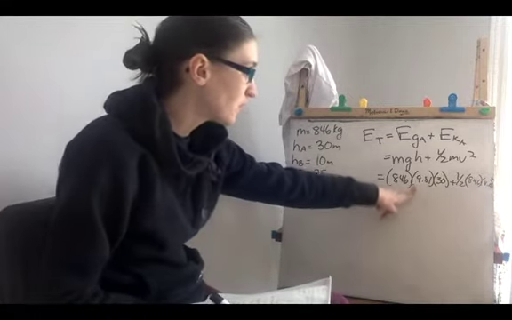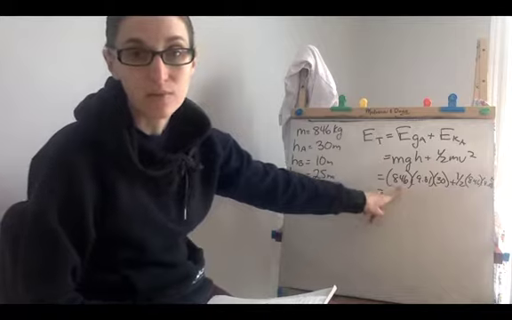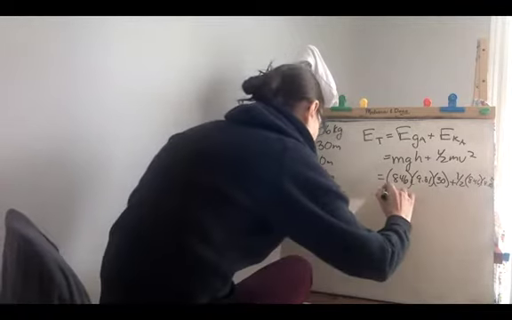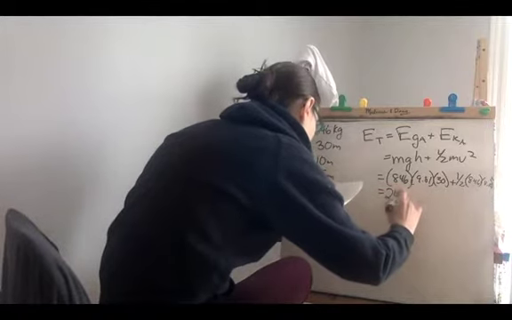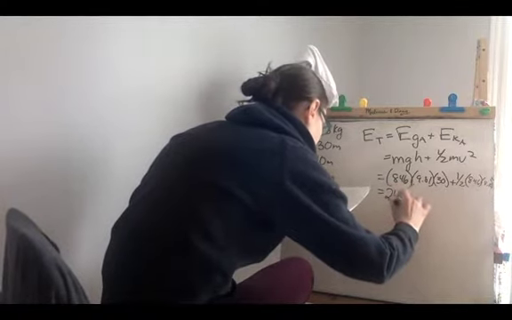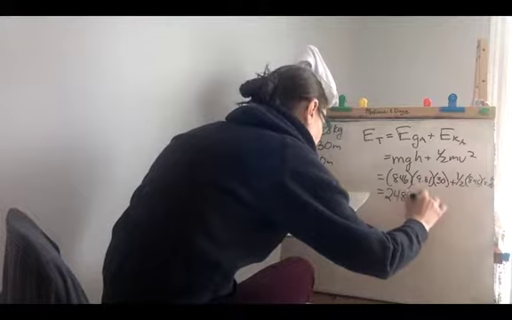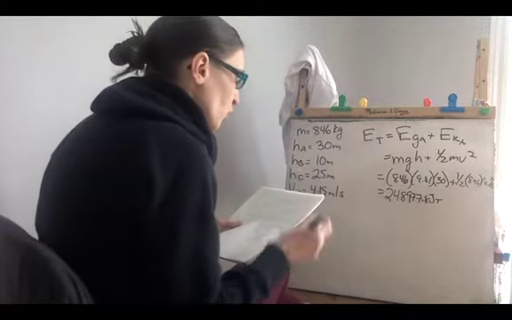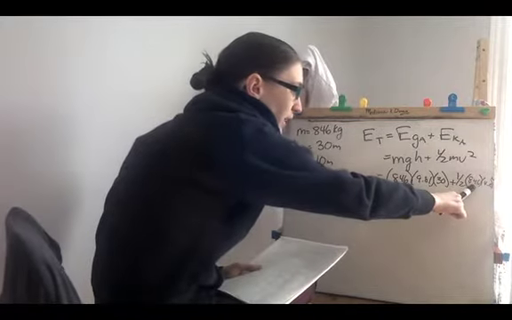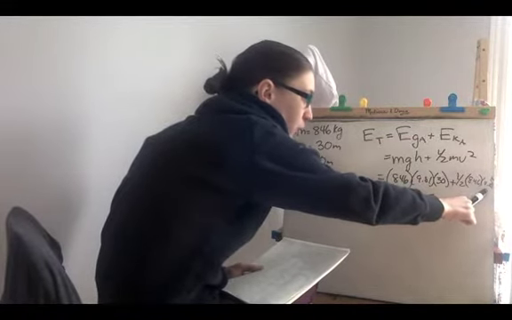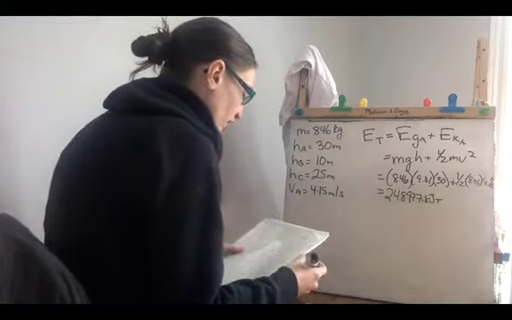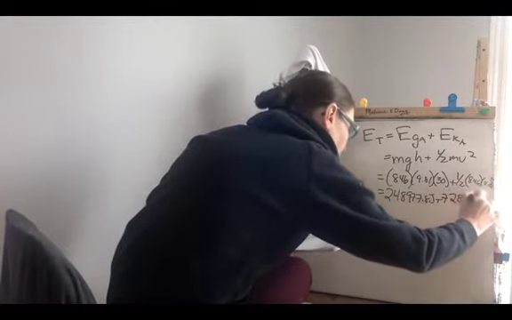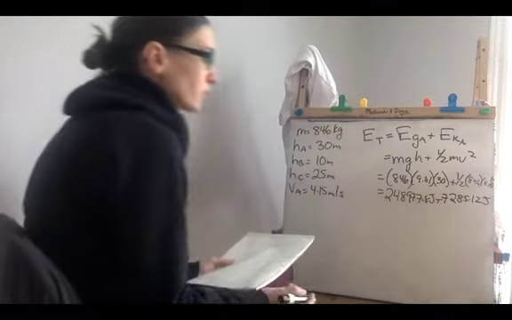So in this first bit, the mgh, right, the 846 times 9.81 times 30, that will give you a value of 248,977.8 joules. The kinetic energy, when you take your 1/2, you multiply by 846, and you multiply it by 4.15 squared, you get a value of 7,285.12 joules, okay?